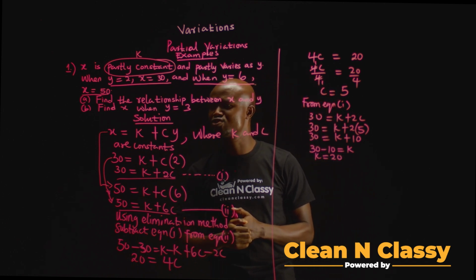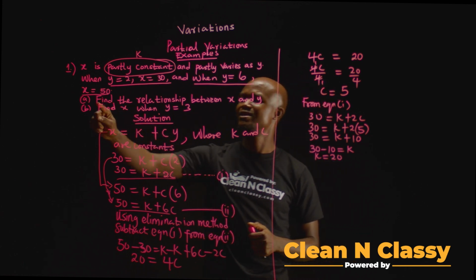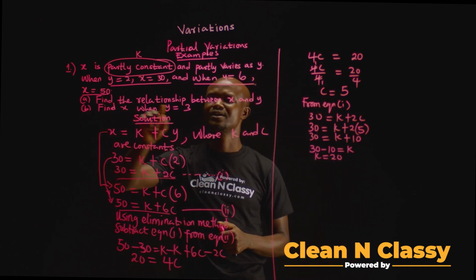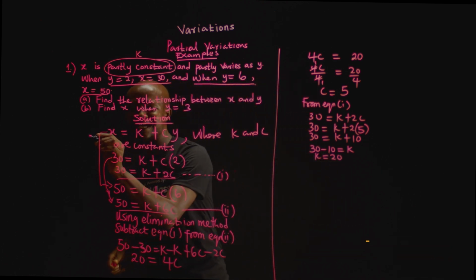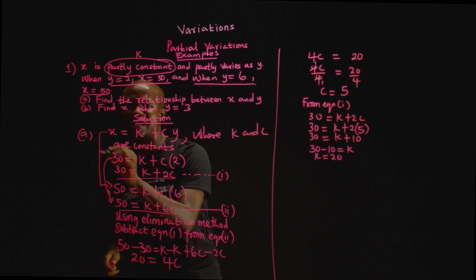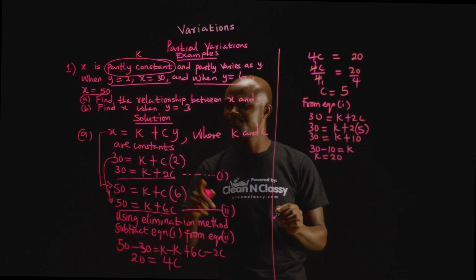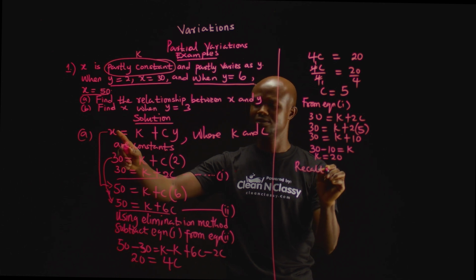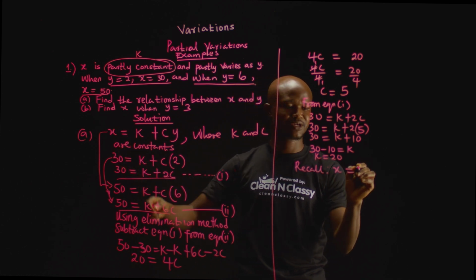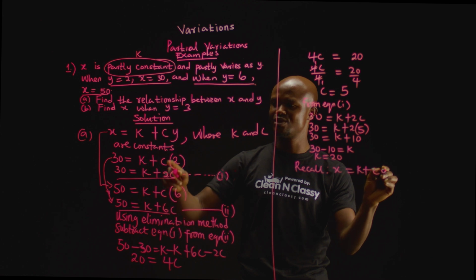The next thing is to write the final answer for the relationship between x and y. Don't forget, this is the solution for the A part of the question. Recall that x equals k plus cy.